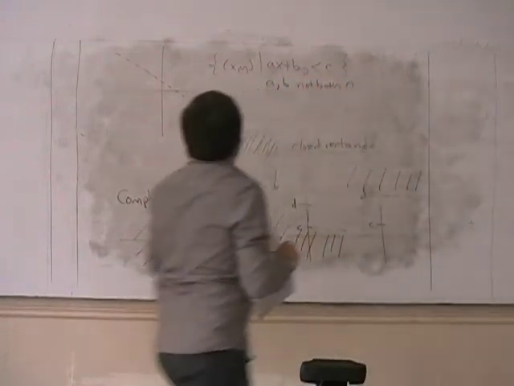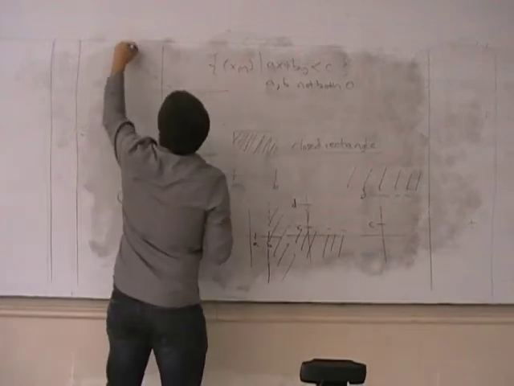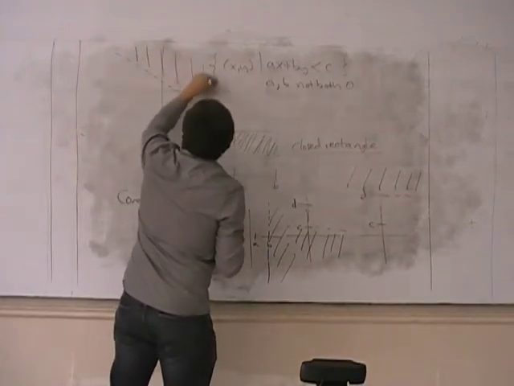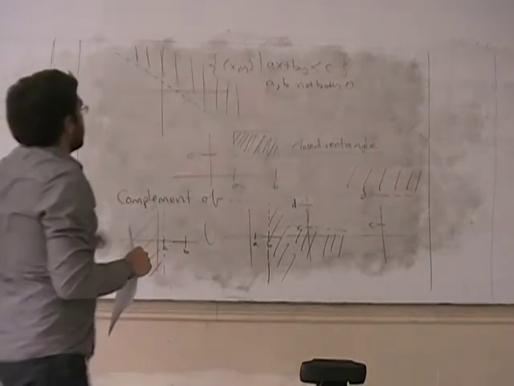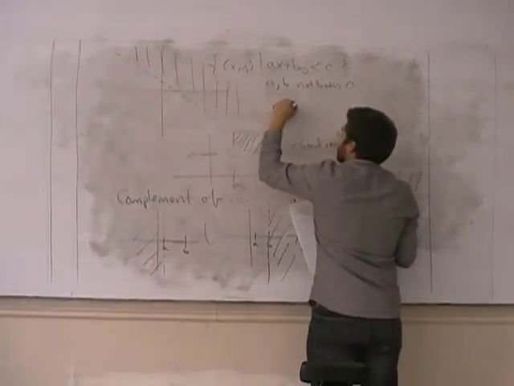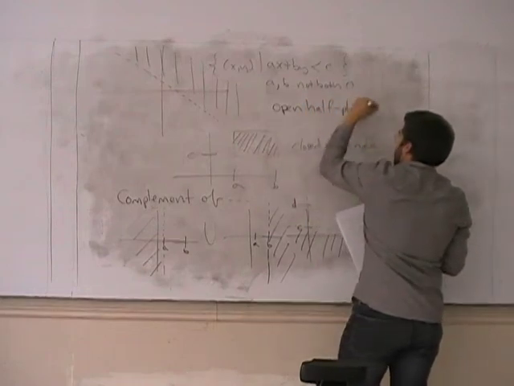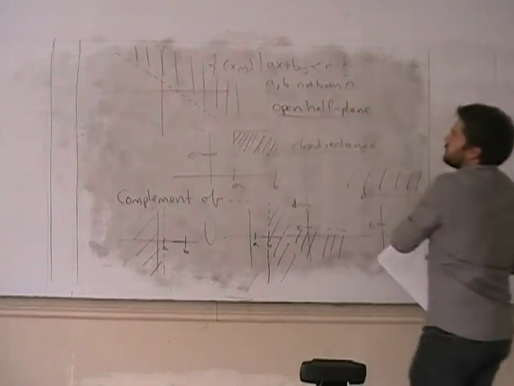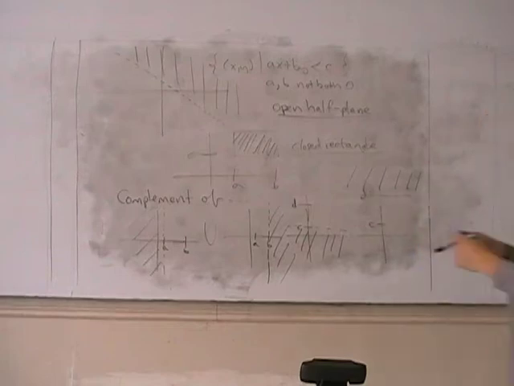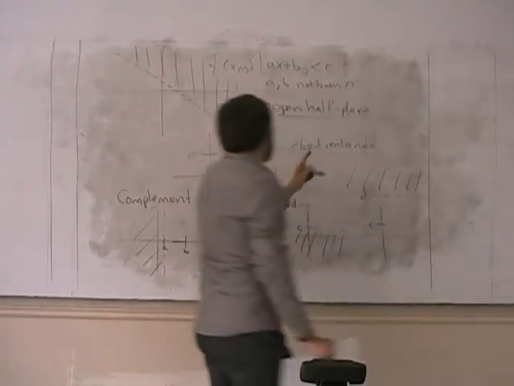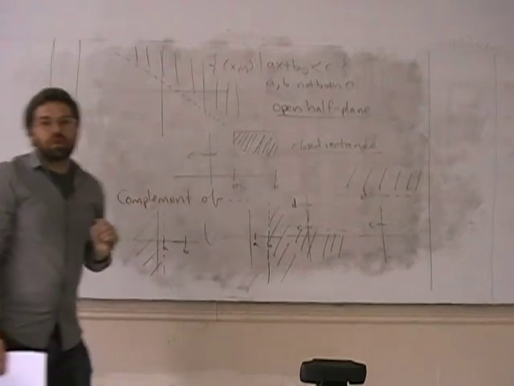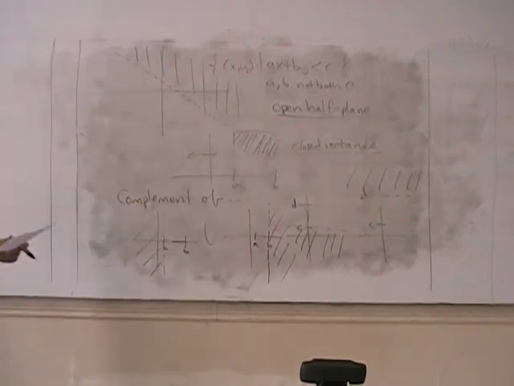And so the set of points like this would be all of the set of points that are on one side of the line. This is called an open half plane. So the complement of the closed rectangle is the union of four open half planes.